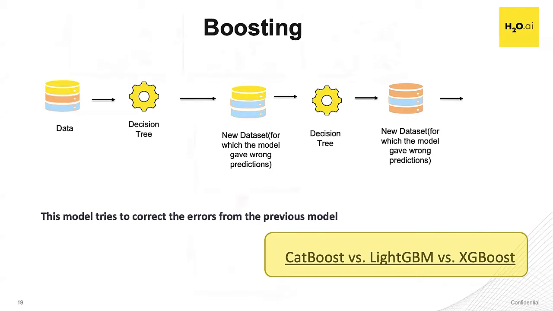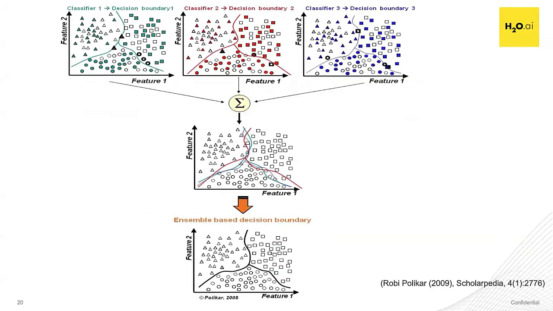Just to wrap everything up, I think this diagram clearly showcases the power of ensembles. You have three classifiers here, green, red, and blue. If you see closely, all the classifiers create a decision boundary because there are three different data points: a triangle, a square, and a circle.